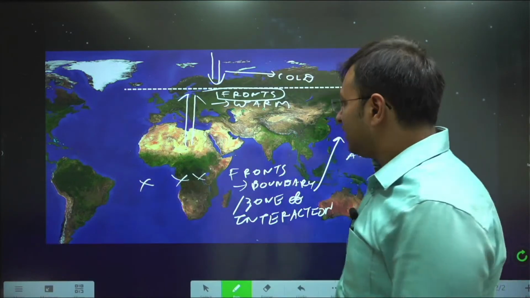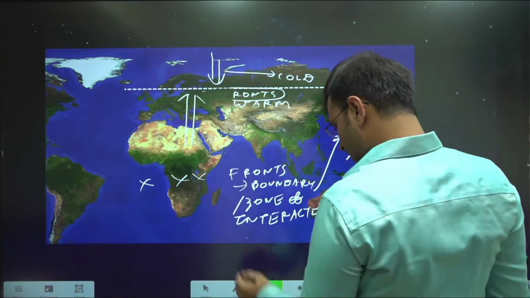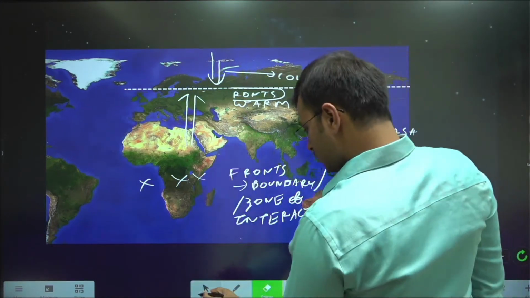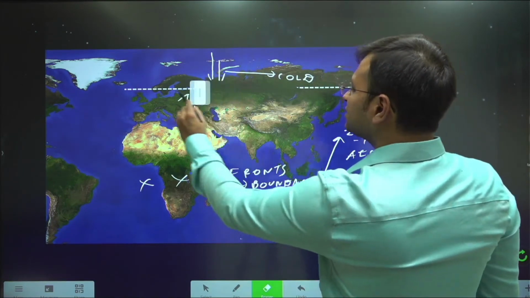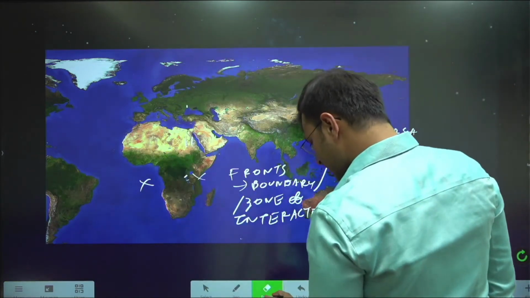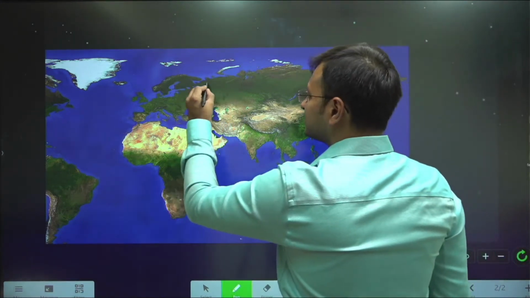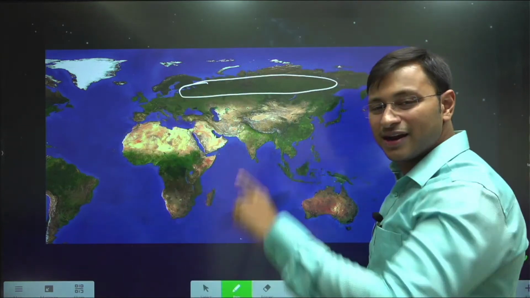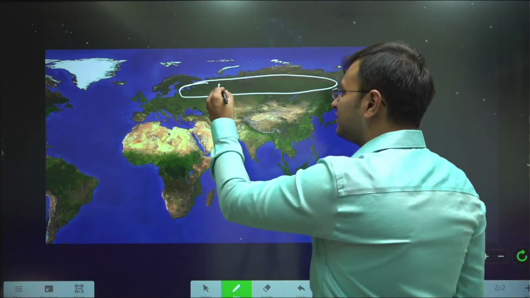And hence, if you see this particular area, let me just clear everything. If you see this particular area on your atlas, see how dark green it is, indicating that the vegetation in this part of the world is evergreen.